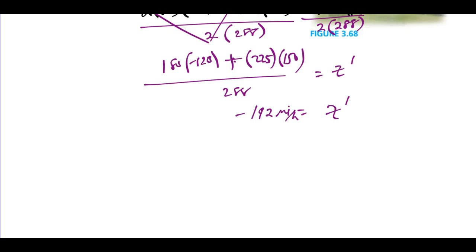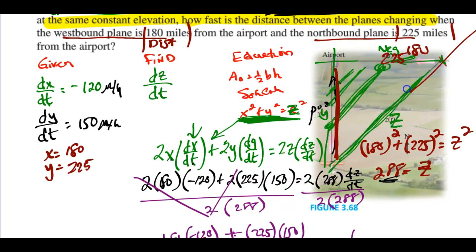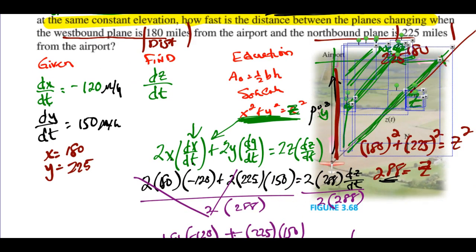And if we didn't have the negative, then it wouldn't tell the whole story. I like the negative because, remember, the rate is decreasing. So that negative tells me that it's a decreasing rate. So I kind of like that it turned out to be negative. That makes sense to me because they're getting closer and closer together.